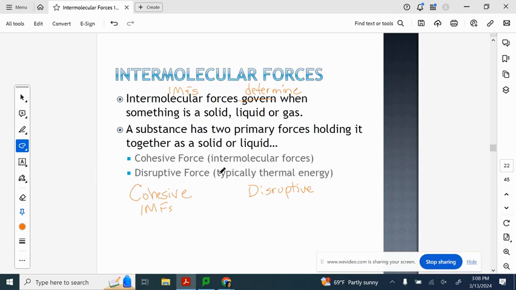What's a 4-letter word that I could use to replace that with? Heat. So this is typically heat. So I don't have to write all of that out. I can just write out the word heat. You guys need to find a shorter way to do some of your notes. I don't mind you taking time, don't get me wrong, but I'm trying to teach you how to simplify your life a little bit.